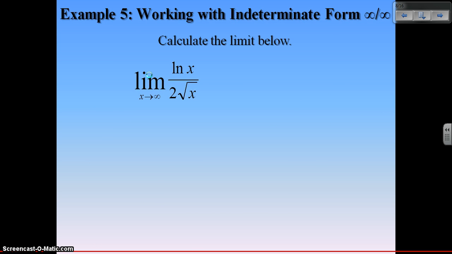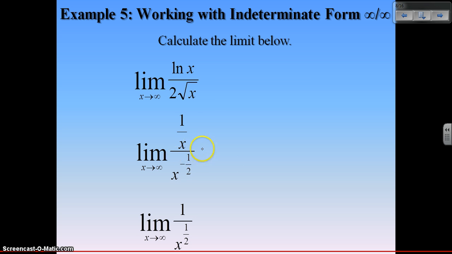Alright, here's another one, still infinity over infinity. Natural log of infinity is infinity, radical infinity is infinity. So we apply L'Hopital's rule and take the derivative. The derivative of natural log is 1 over x. The derivative of 2 radical x would just be x to the negative 1/2. To simplify that, I would multiply top and bottom by x to the 1/2.